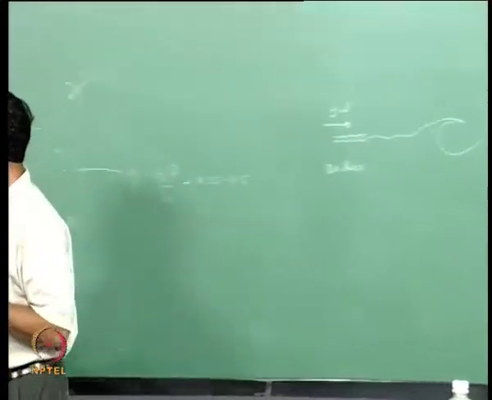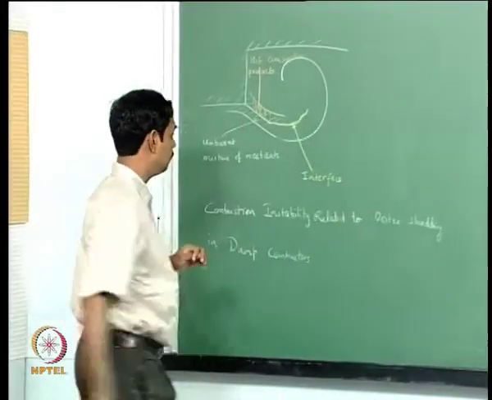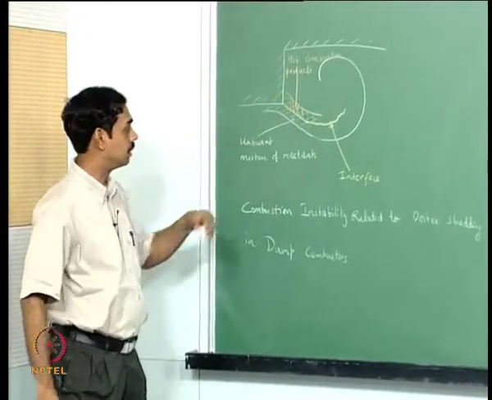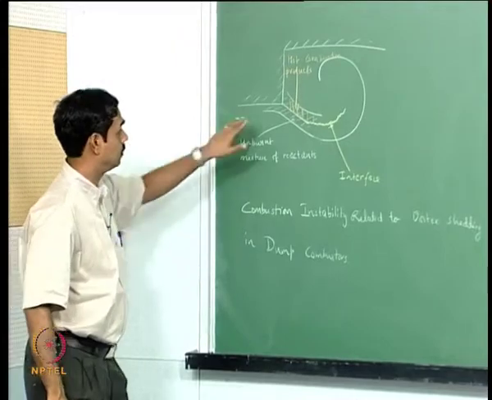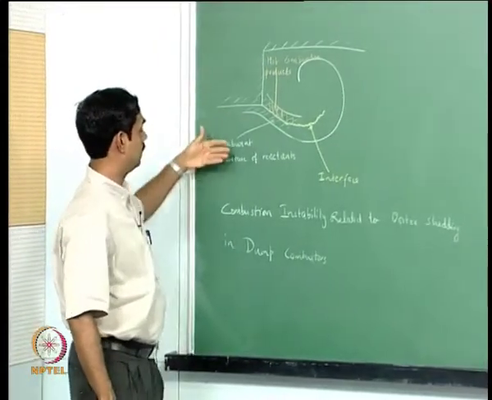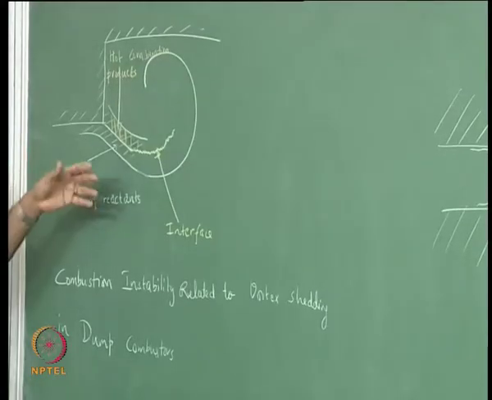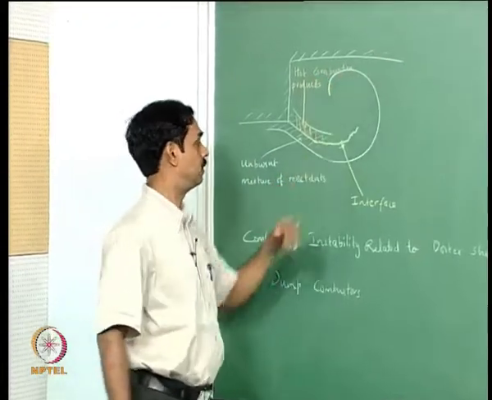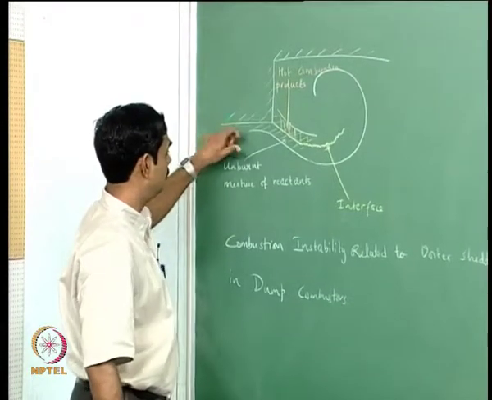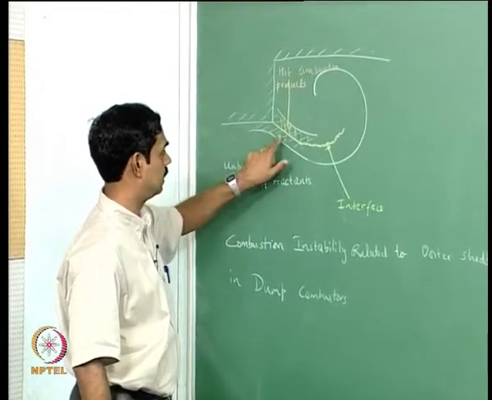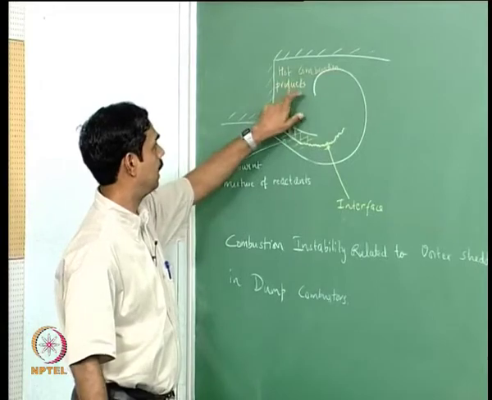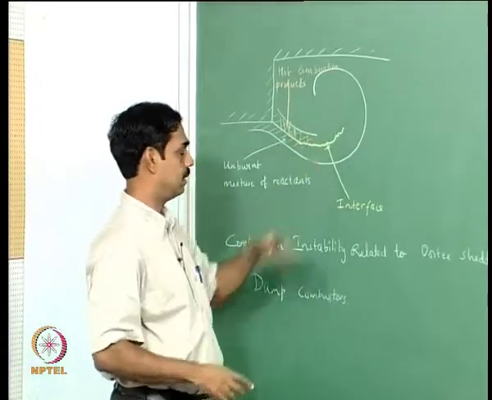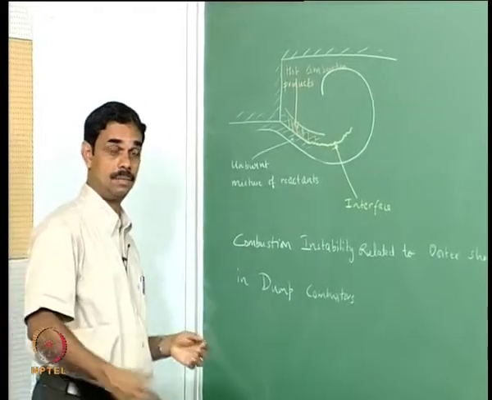So that is an idealized situation, but in reality you will have these things happening within walls in a dump combustor, let us say, and so you have an unburned mixture of reactants. Let us say we have a premixed flame and you have hot radicals in this recirculation zone, and so the vortex tries to roll up and you have the unburned mixture get entwined into the vortex this way, and you have hot products here which are entwined, and there is an interface here where strain rates would be high and there will be a lot of turbulence.